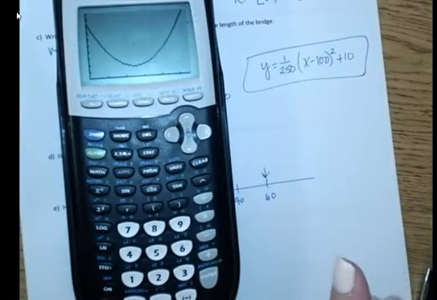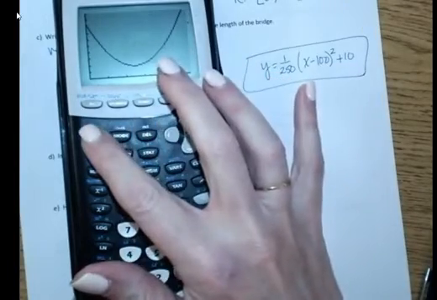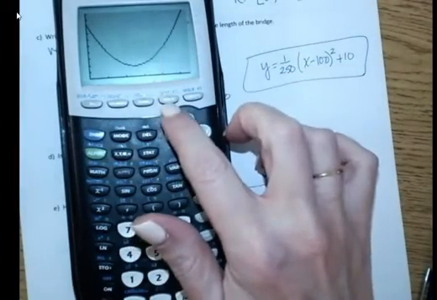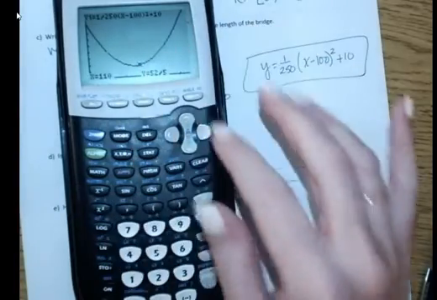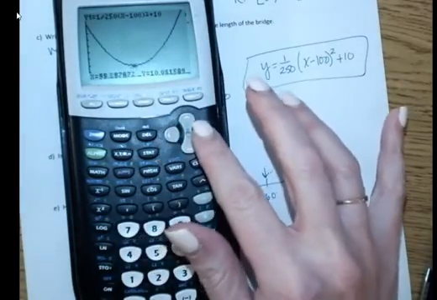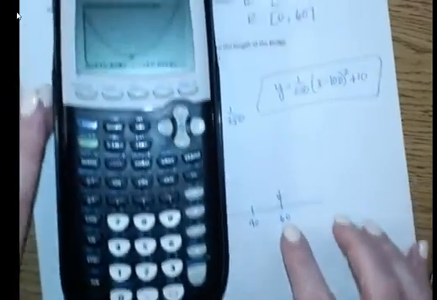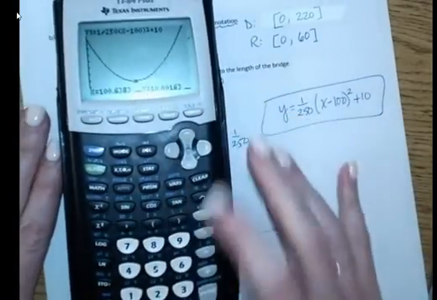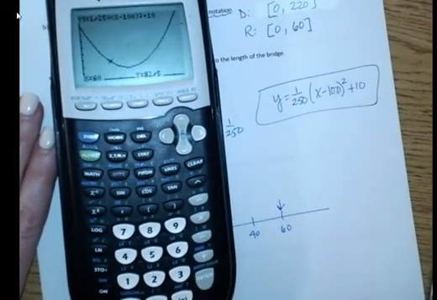Alright, there it is. Now, if I hit trace, just trace this gray button right here, it's going to trace me along the parabola, right? Well, I really don't want to have to look and see where it is exactly 60. So what you may not know is that you can just type in 60 for x and it's going to bump you right where you want to be.